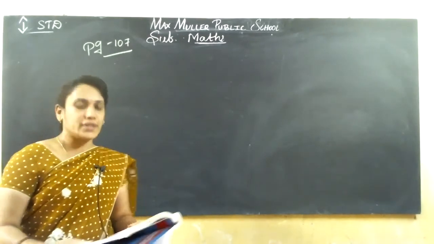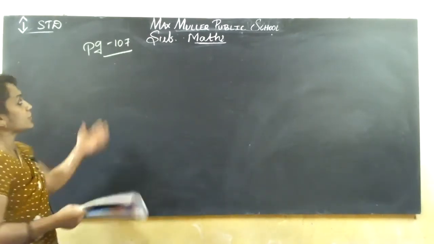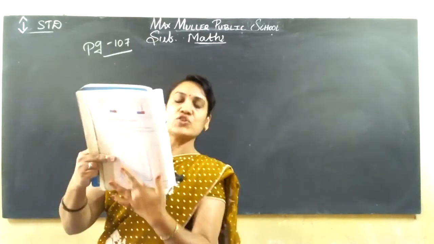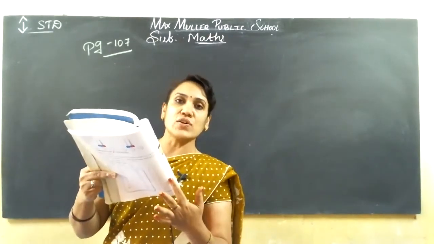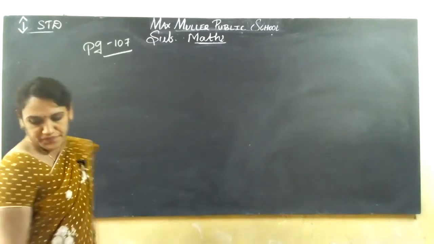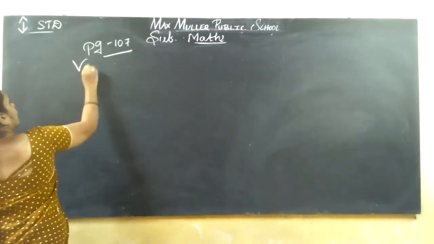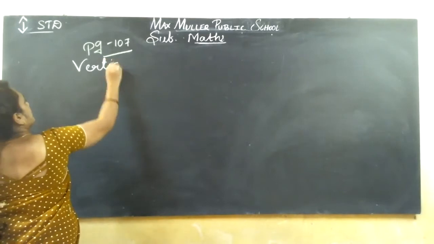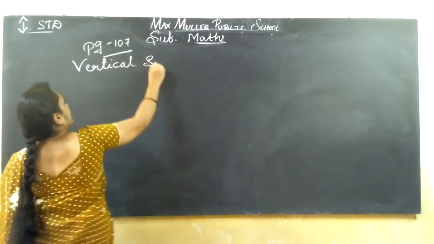This is also vertical subtraction. All we did now in page number 106, just now we finished 2 columns. That is horizontal subtraction. Now we will do the vertical subtraction.